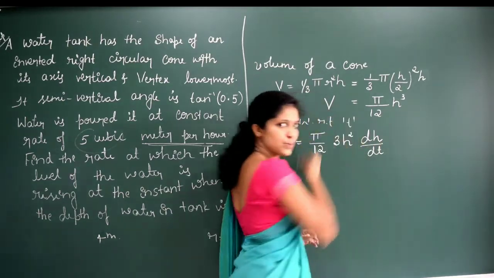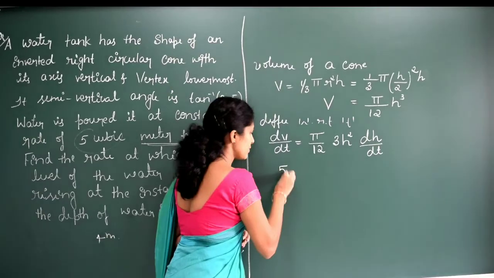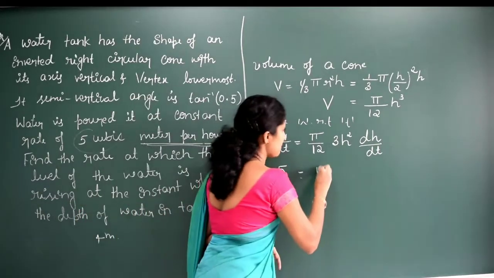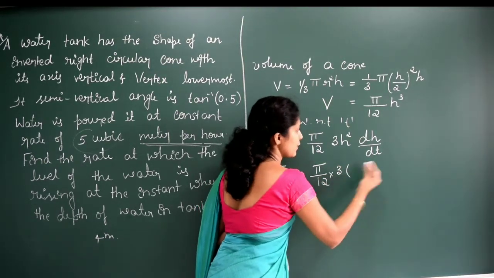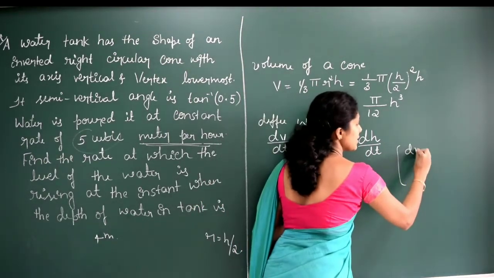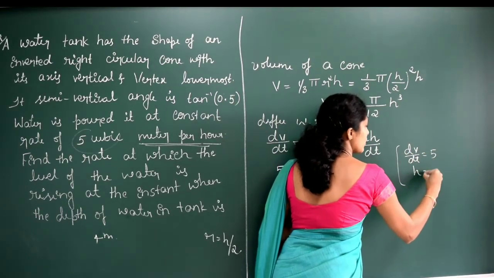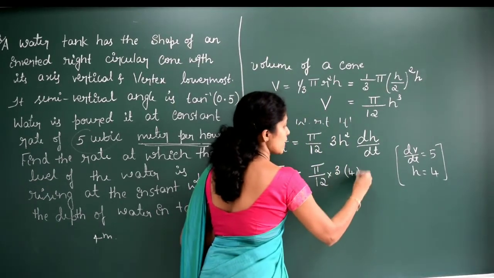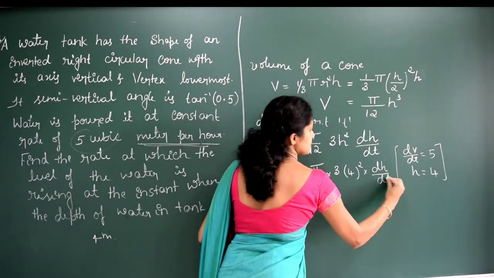We need to find dh by dt, and dV by dt is given, it is equal to 5. Write everything: given dV by dt is equal to 5 and h is equal to 4, so this will be pi by 12 into 3 into 4 square into dh by dt.